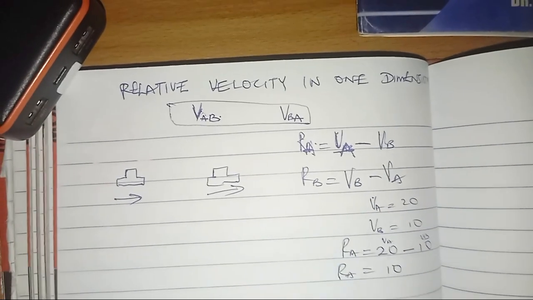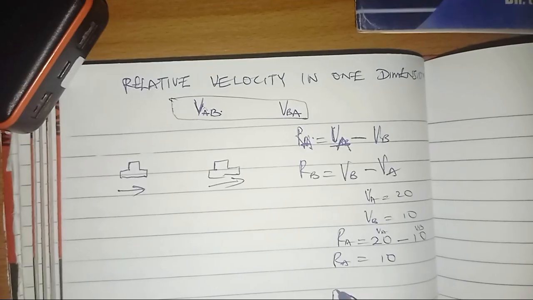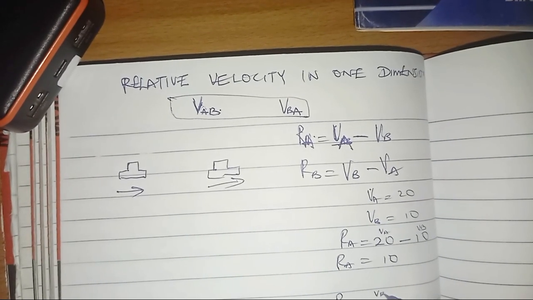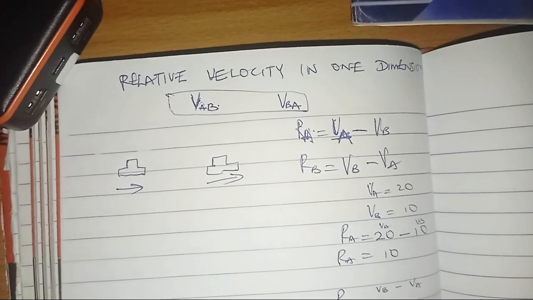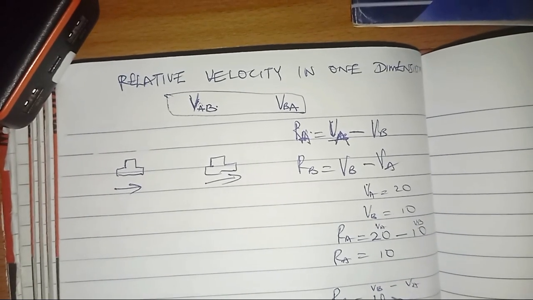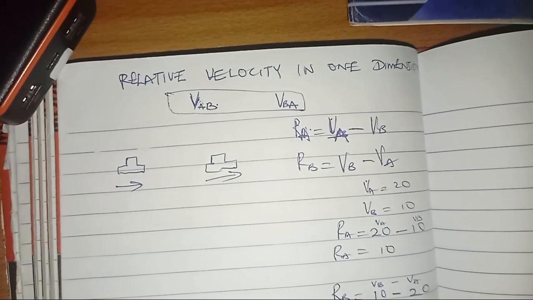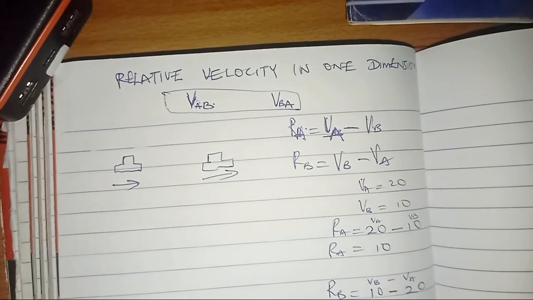But if they ask you what is the relative velocity of B, it will simply be VB minus VA, which is 10 minus 20, which is equal to minus 10.